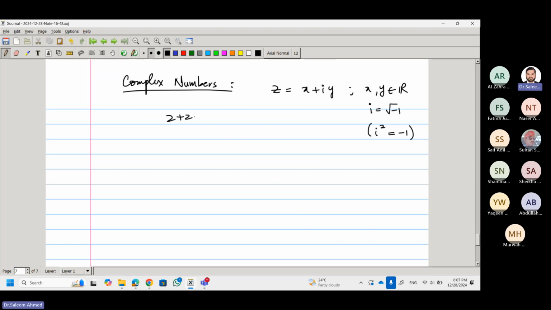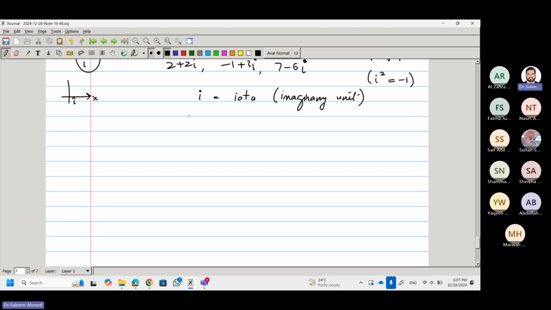Numbers like 2 plus 2 iota, -1 plus 3 iota, 7 minus 6 iota are all complex numbers because there is iota with them. It's not the i vector that we had, in the direction of x. But here in complex numbers, i is an imaginary number which we call iota, the imaginary unit. Real unit is 1, imaginary unit is iota.